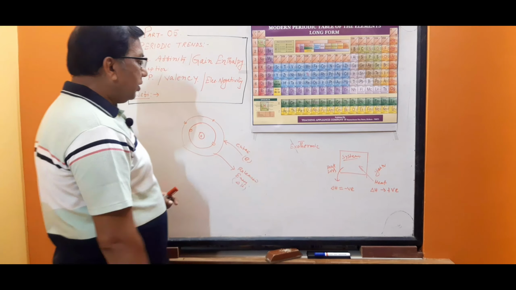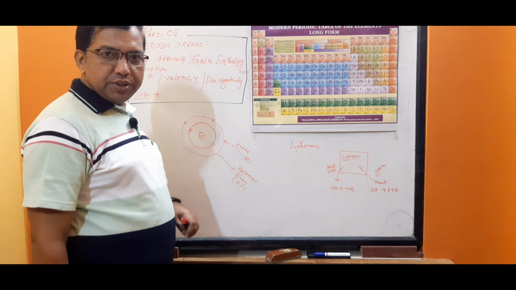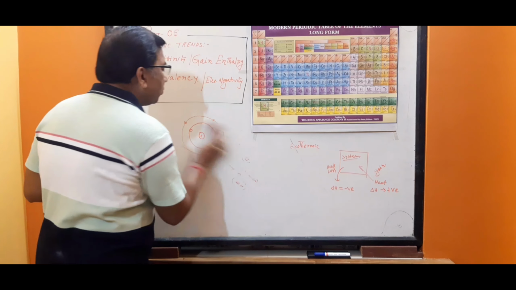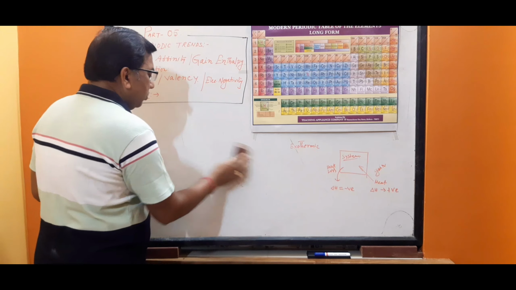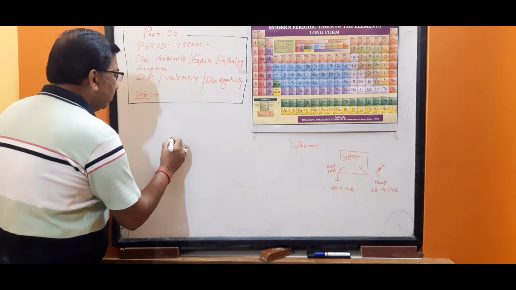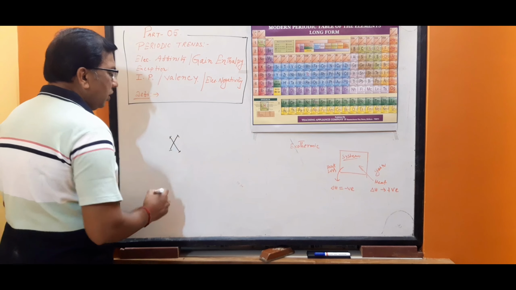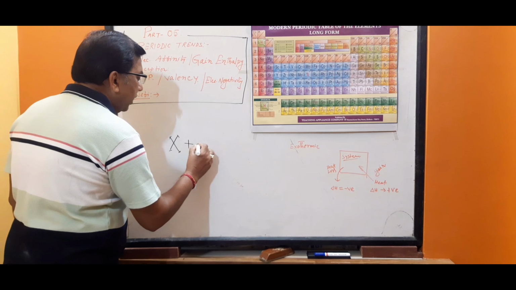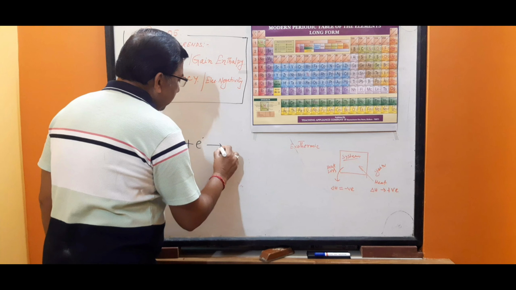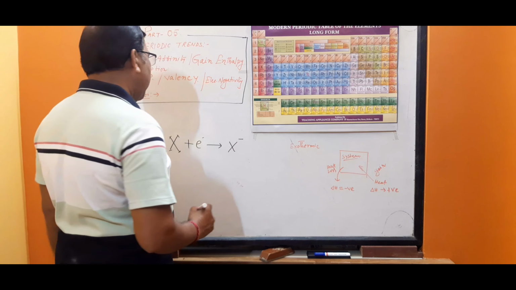Let me give an example. This is also an exothermic process. Suppose this is an atom. It gains an electron, and it changes into a gaseous anion.